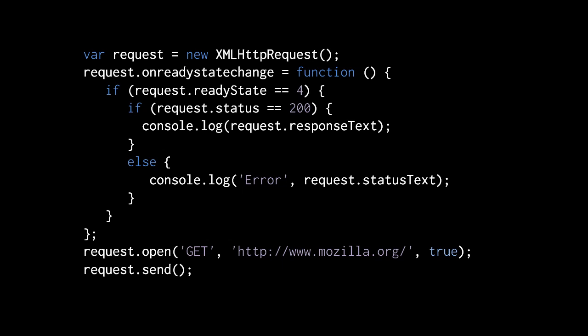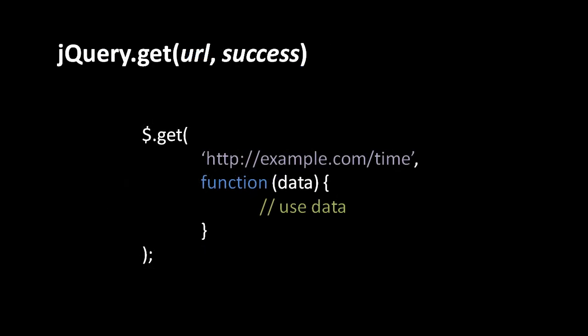Now, because as you can see, using XMLHttpRequest properly is a bit cumbersome, and also because there are some annoying little cross-browser difficulties you'd have to deal with when you use it, jQuery very thoughtfully provides more convenient mechanisms for making AJAX requests. There's jQuery.get for making an AJAX GET request, and jQuery.post for making AJAX POST requests.